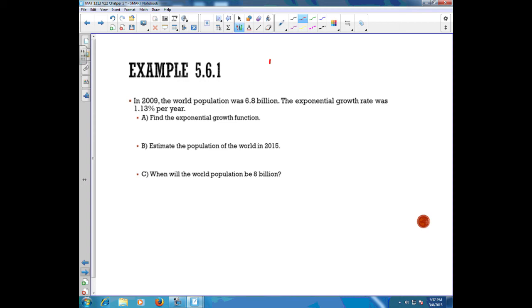So our generalized equation, P of t, is equal to P0 e to the kt. To write the growth function, we're just going to write P of t. Our initial amount is 6.8 billion. Because everything we're dealing with is in billions, we can just drop off the word and keep 6.8. That's our initial amount, and we'll add the billion on whenever we find our answers.